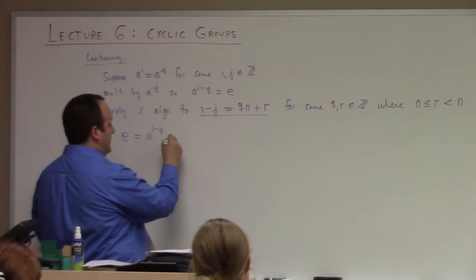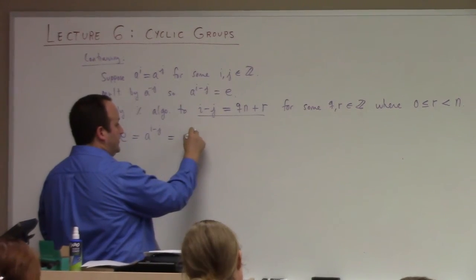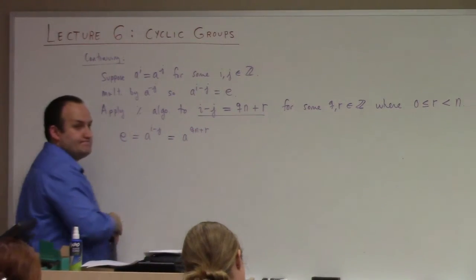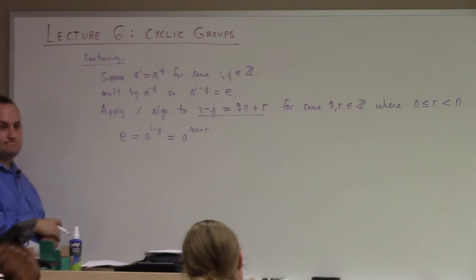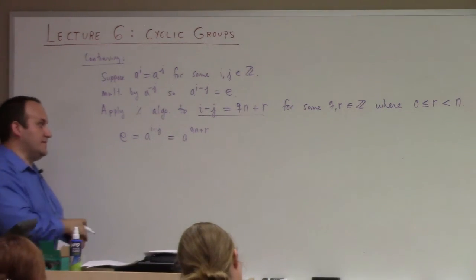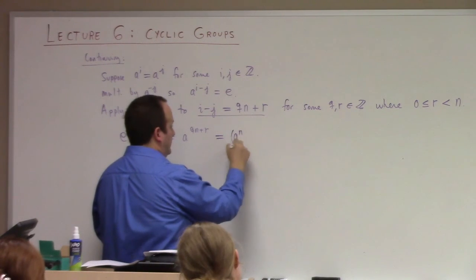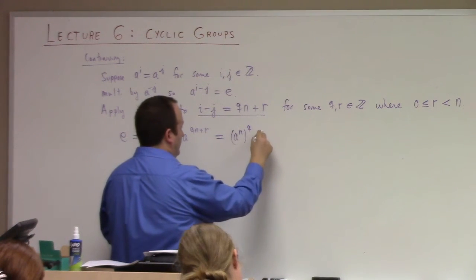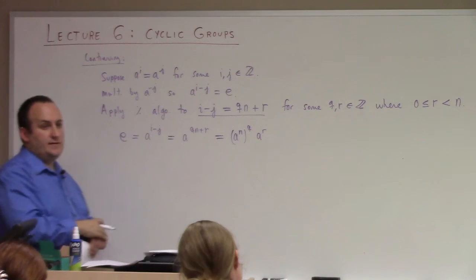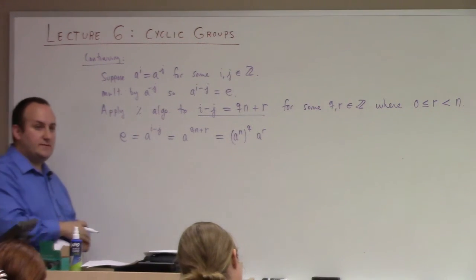I can trade i minus j for a to the qn plus r, right? And then, laws of exponents. This is a to the n, to the q, times a to the r, right? But what was the deal? a to the n is e, right?